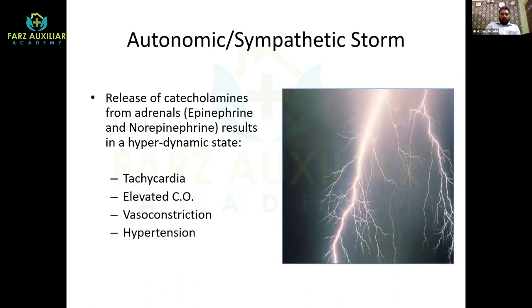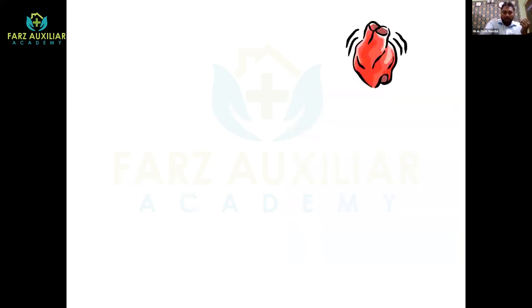Regarding the autonomic storm that I have already mentioned, there is a huge release of catecholamines, epinephrine and norepinephrine, which causes tachycardia, elevated cardiac output, vasoconstriction, and hypertension. This is an extremely dangerous condition for the potential organs. So we have to control that tachycardia and hypertension. For that, we have to start short-acting beta blockers or sodium nitroprusside.